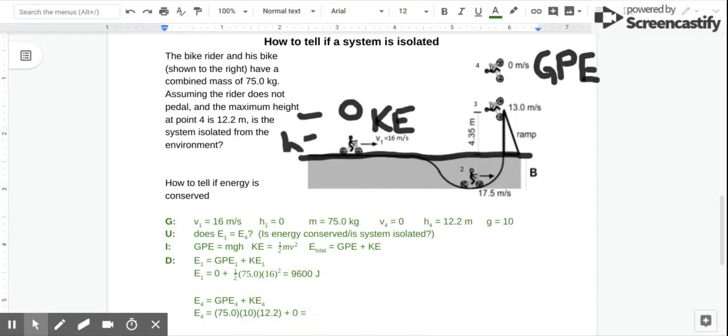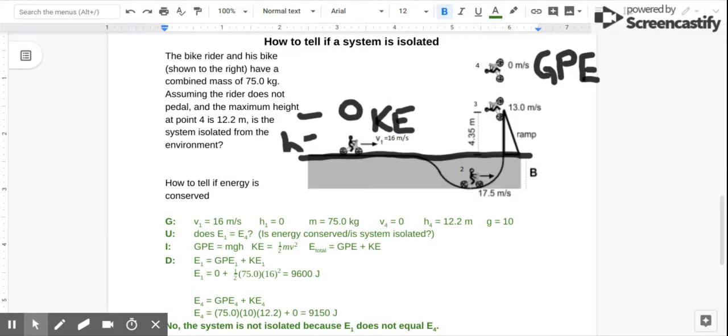I did 750 because I know that 75 times 10 is just 750. Times 12.2, we get 9,150 joules. So our answer is no, the system is not isolated, because E1 does not equal E4.